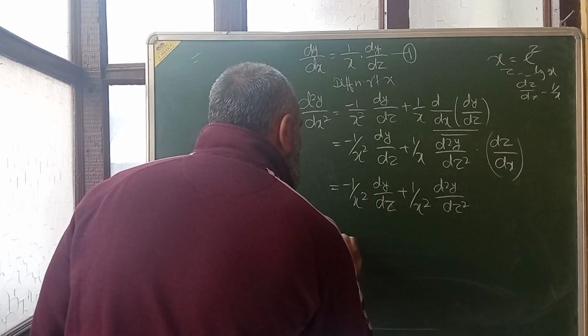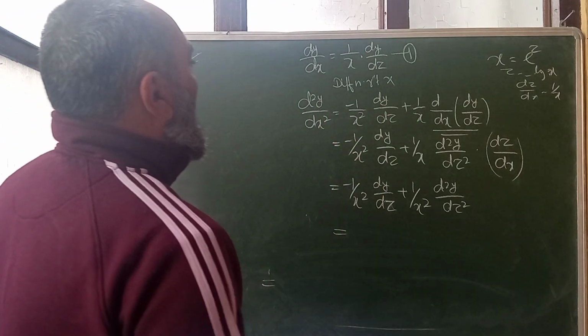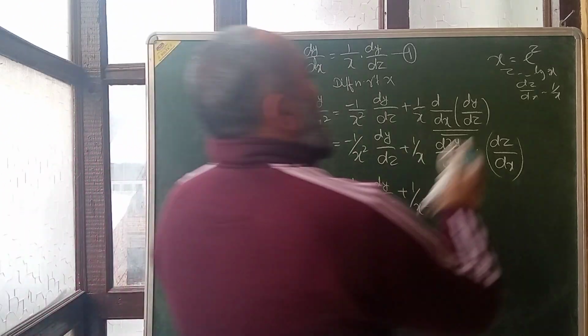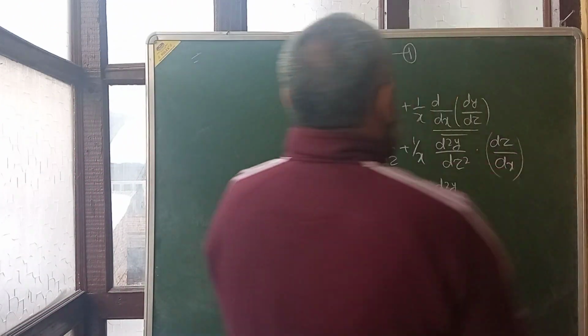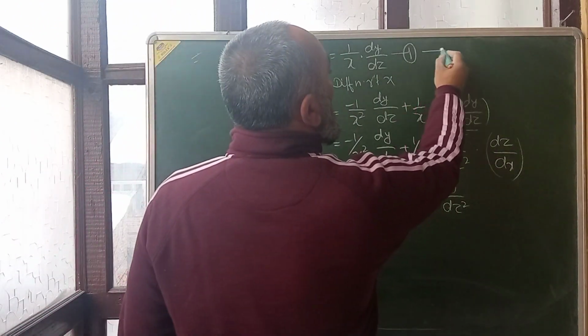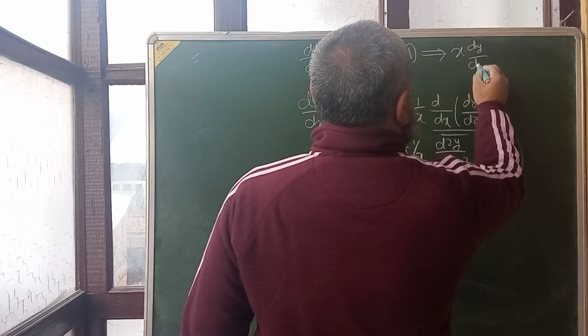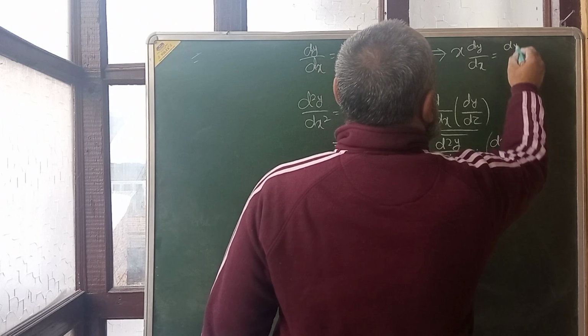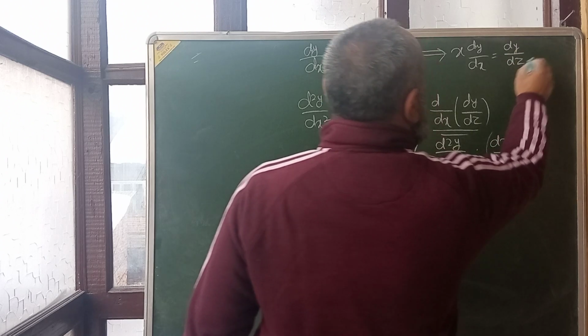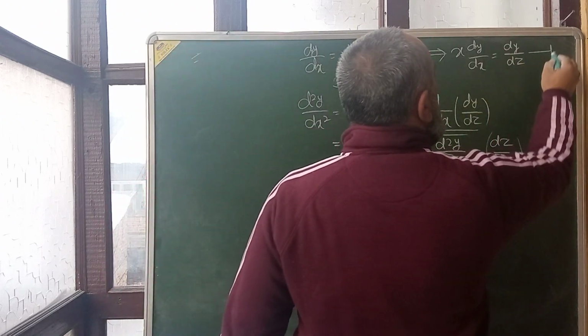See here first. This gives us x dy by dx is dy by dz.